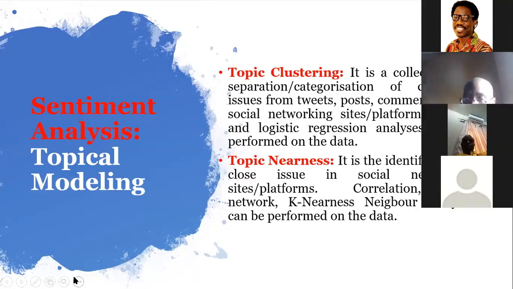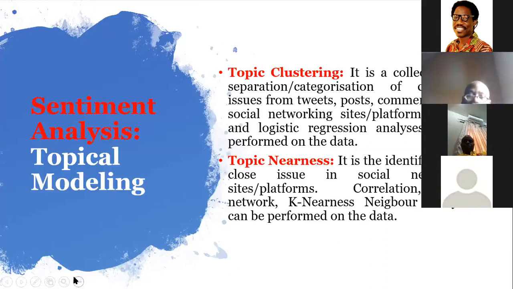So topic clustering is the collection and separation or categorization of connected issues from tweets, posts, comments, among others, in social networking site platforms. So when we have this information, we can use linear and logistic regression analysis to analyze them.